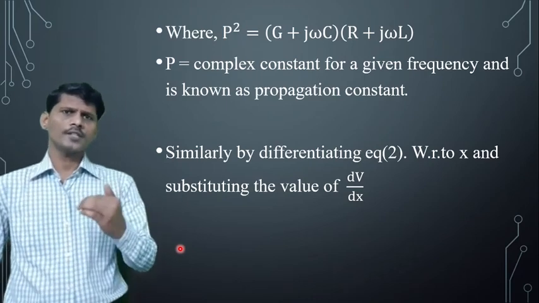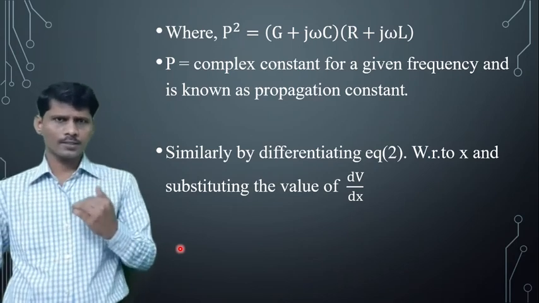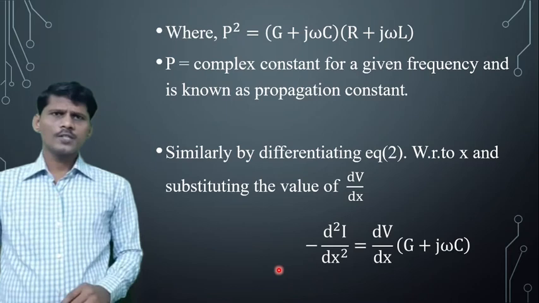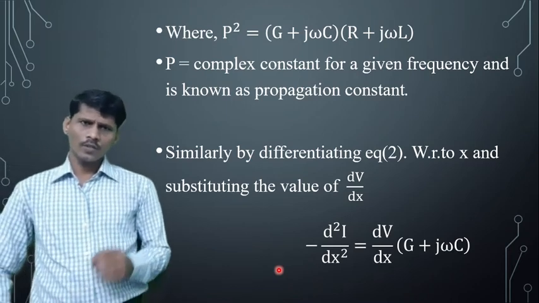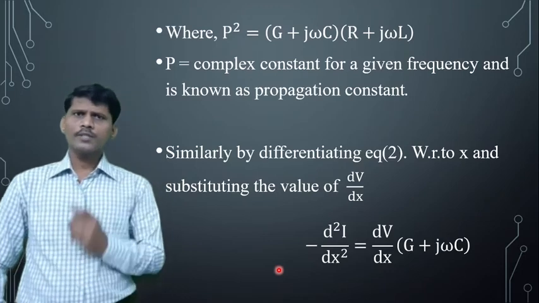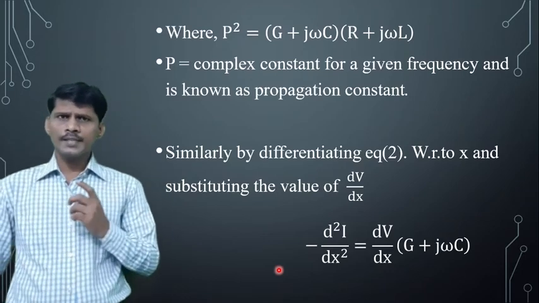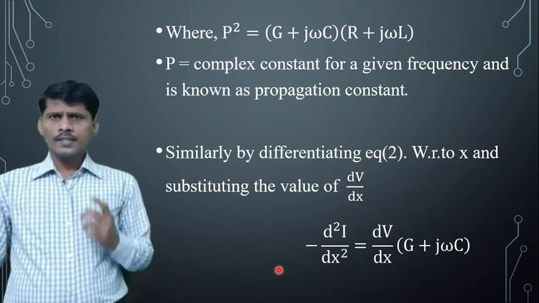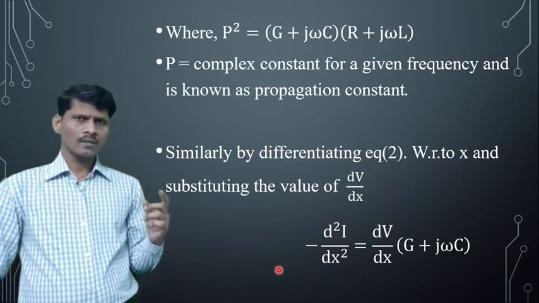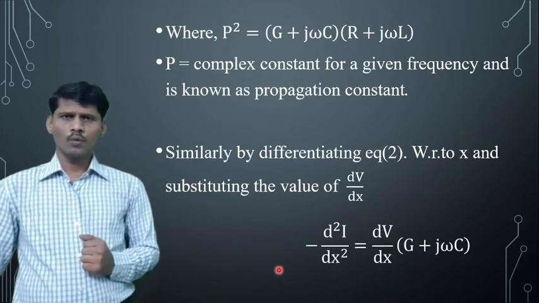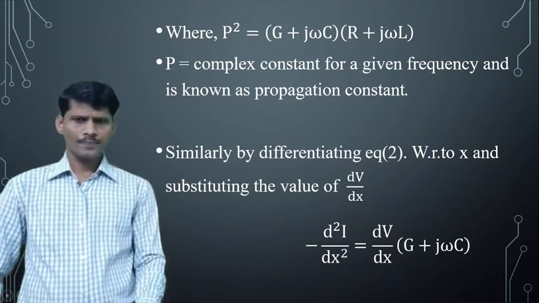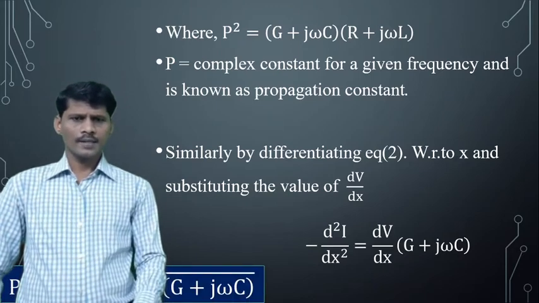So differentiating equation 2 with respect to x, we have minus d square I by dx square is equal to dV by dx into G plus j omega C. What is the value of dV by dx? From equation 1, dV by dx is minus I into R plus j omega L, and substitute the dV by dx value into here.